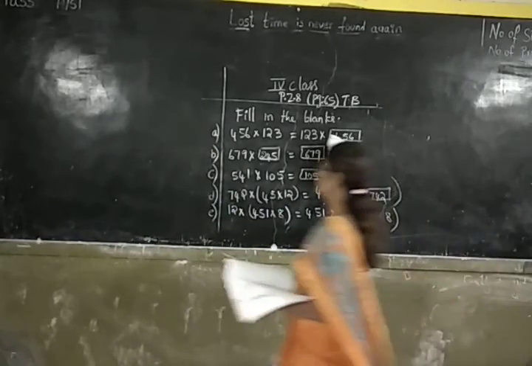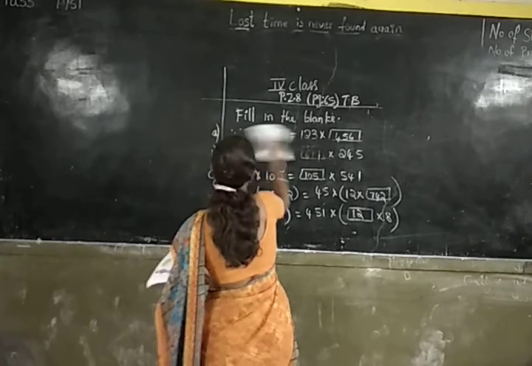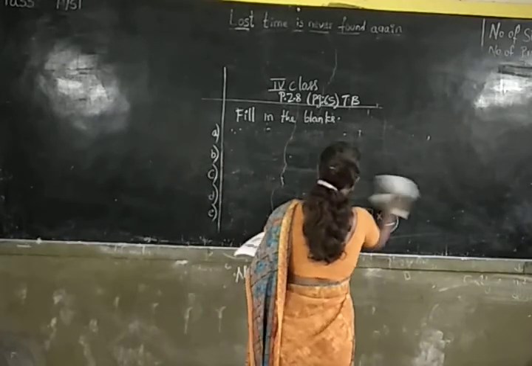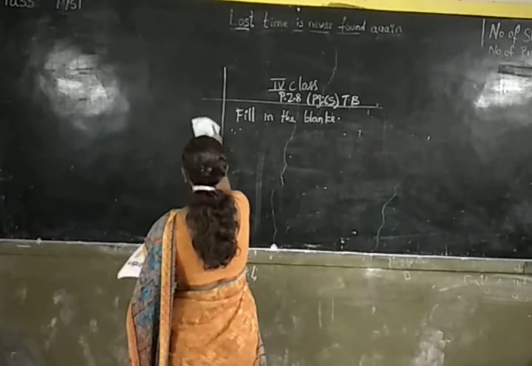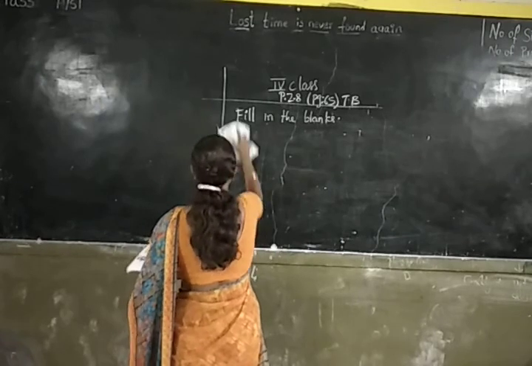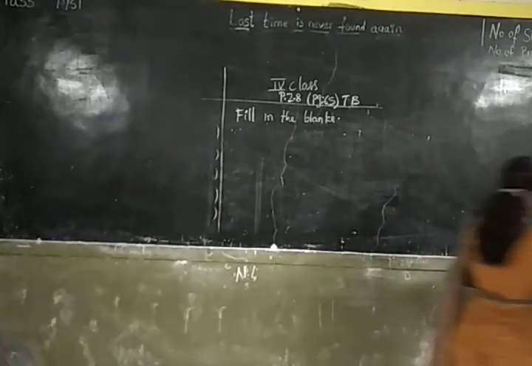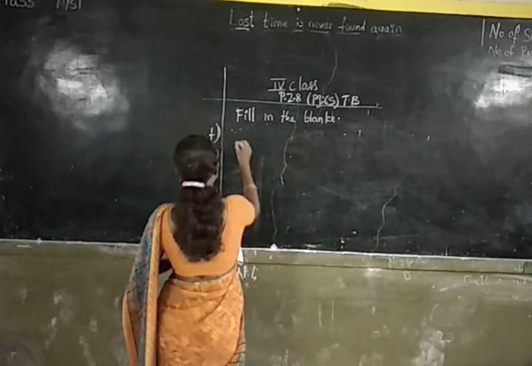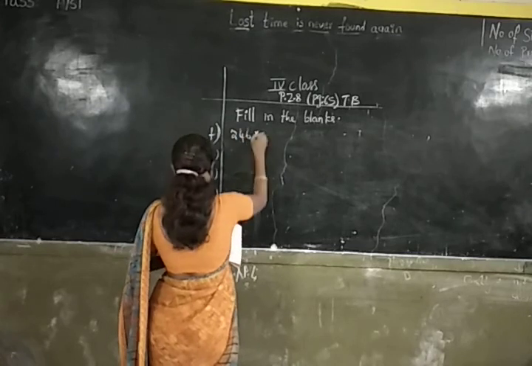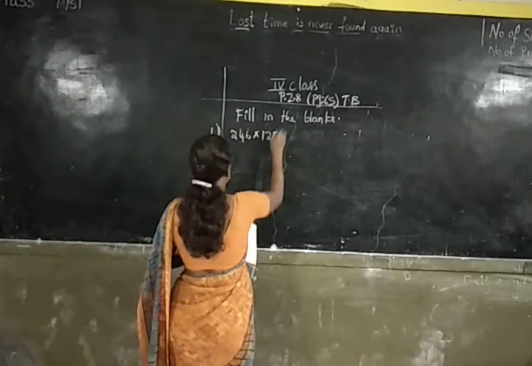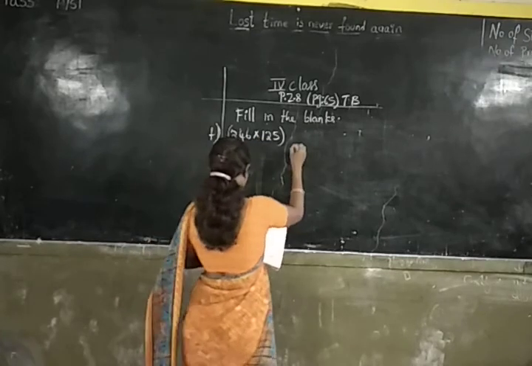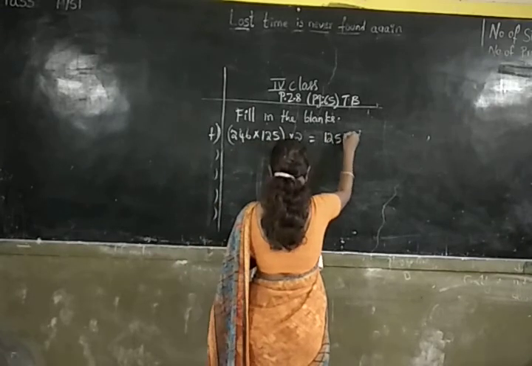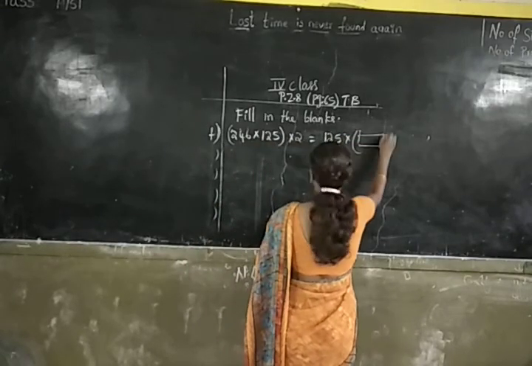Now let us move to the F sum. Okay children, 246 into 125 into 2 is equal to 125 into box into 2.